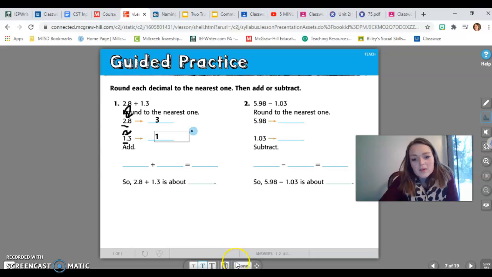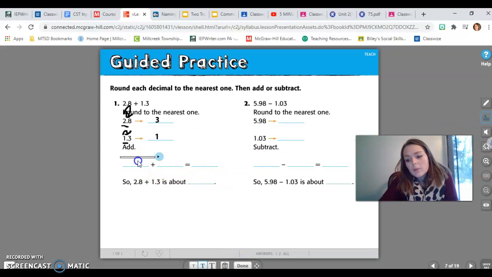I'm then going to add my sums together. 3 plus 1 gives me 4. So 2.8 plus 1.3 is about 4.